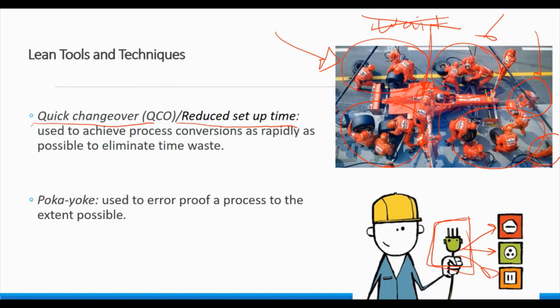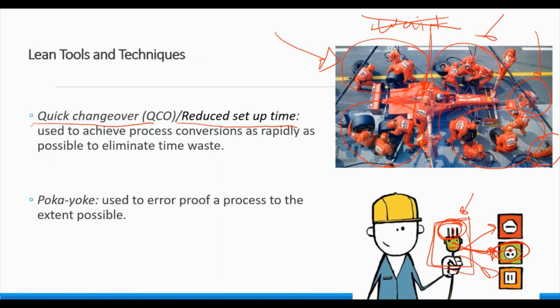So poka-yoke means that you're trying to prevent any kind of human errors, kind of baby-proofing the process so that the process can only happen one way. For example, in this electrical plug, it can only be used for this one.